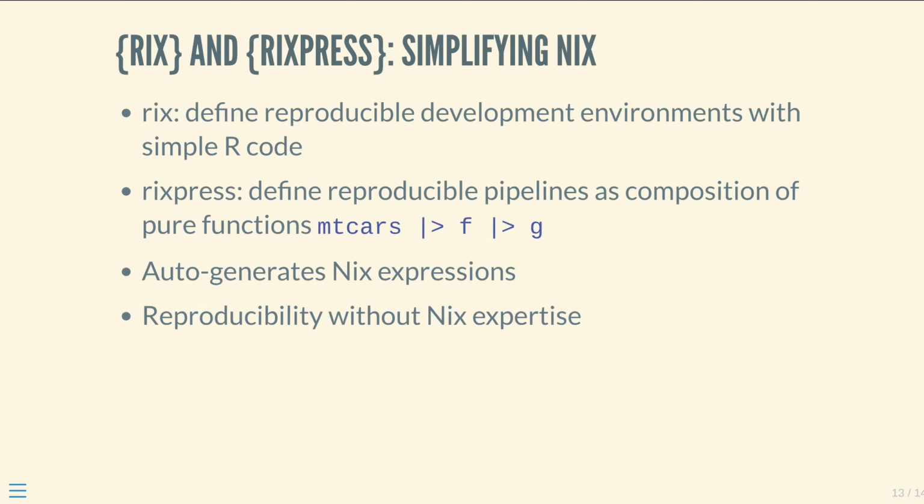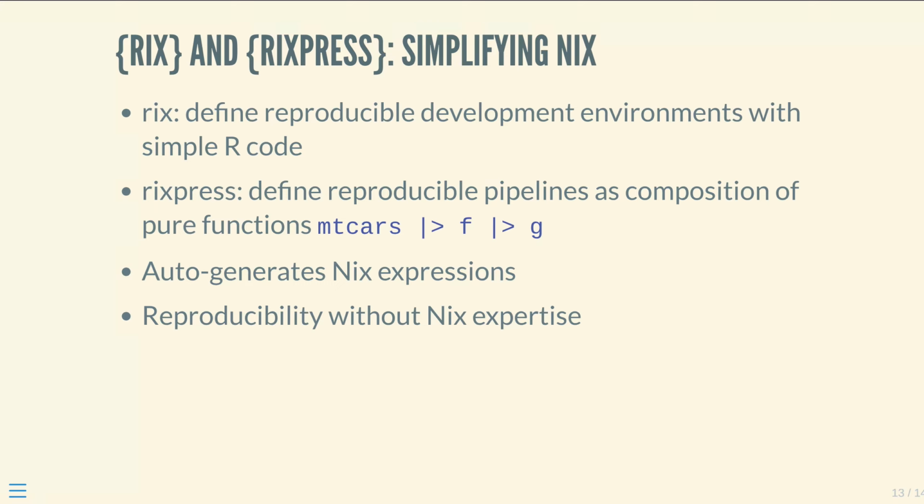Finally, Nix is a very powerful tool, but it is a tool that is difficult to get into. So Rix and Rixpress are two R packages that I wrote. Rix allows you to define reproducible development environments in the Nix language using simple R code. And Rixpress allows you to define reproducible pipelines as a composition of pure functions, or pure steps.